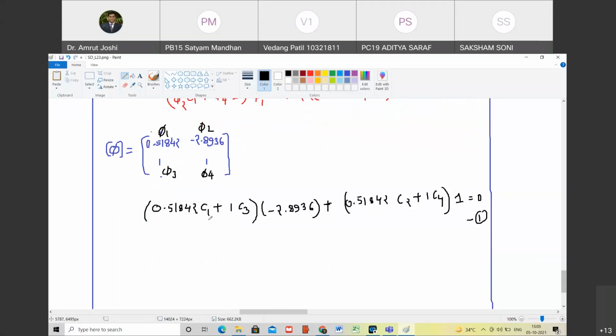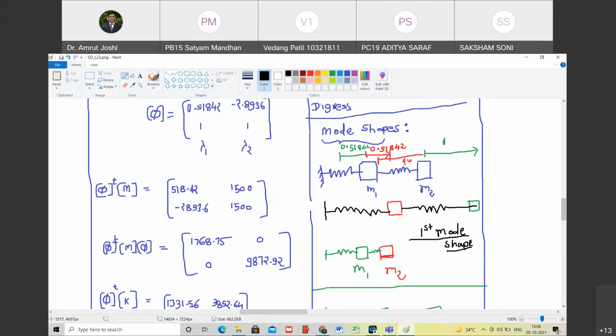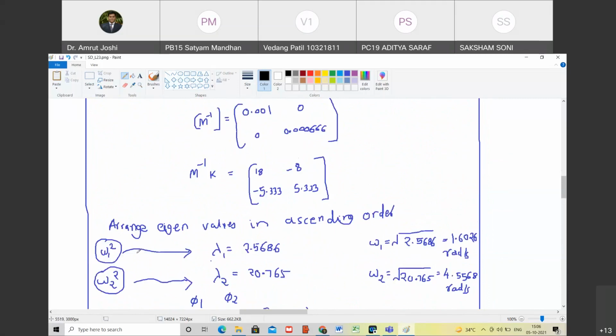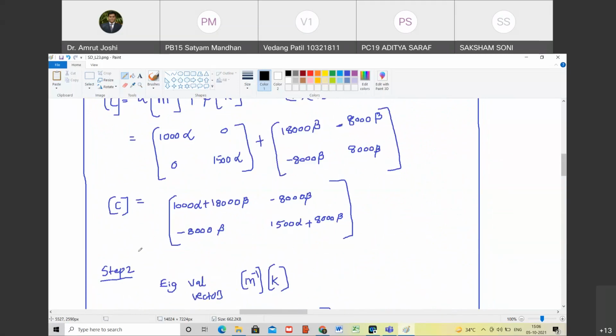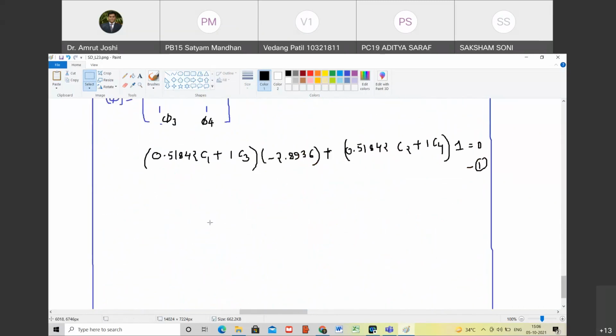So what is the value of C1? What is the first element of C1? That we have already calculated. Where is our C matrix? The first element. Are you with me? Yes, sir. So I am bringing that element here.